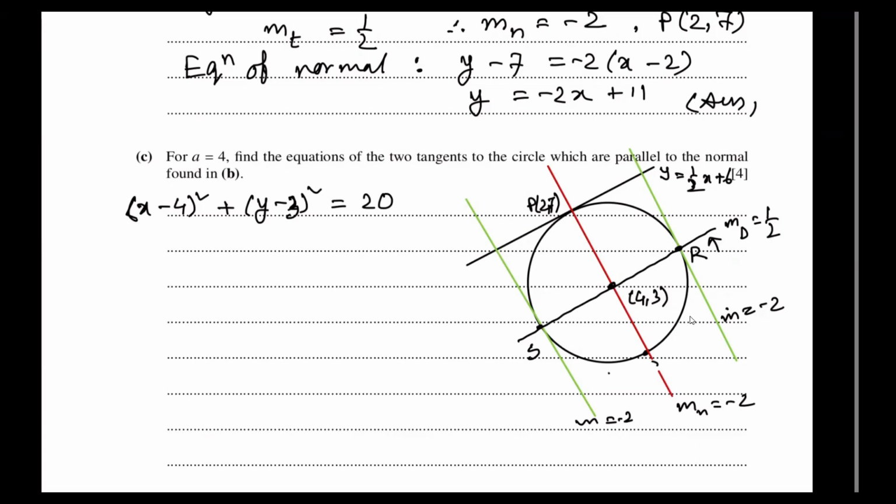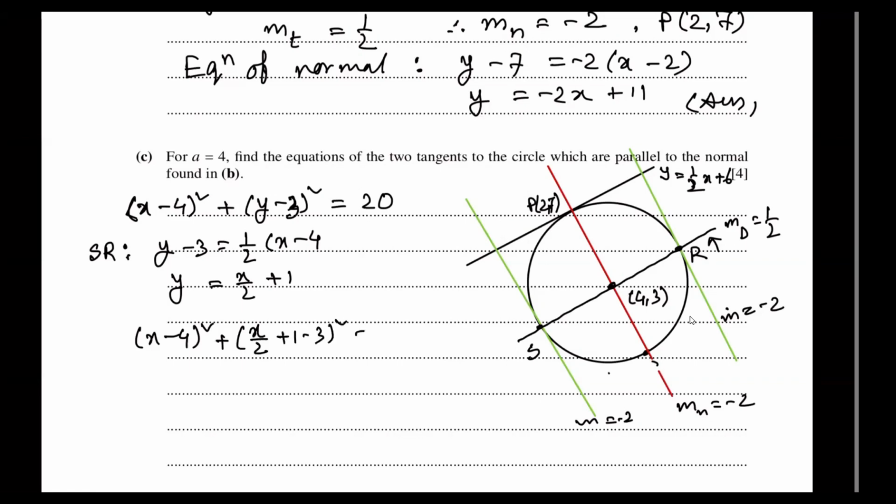Now, let's take the equation of SR: y minus b equals half into (x minus 4), which is y equals x by 2 minus 2 plus 3, that's plus 1. Now, substitute it in the equation of the circle. We have (x minus 4) whole square plus (x by 2 plus 1 minus 3) square equals 20.